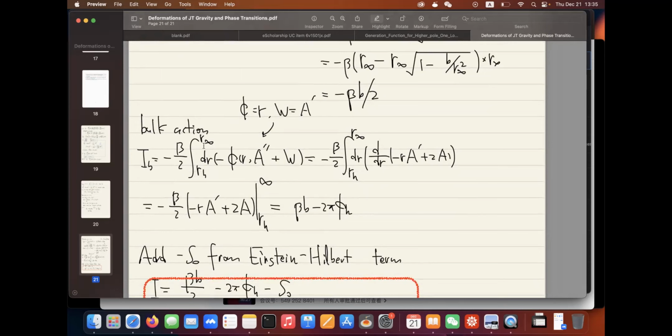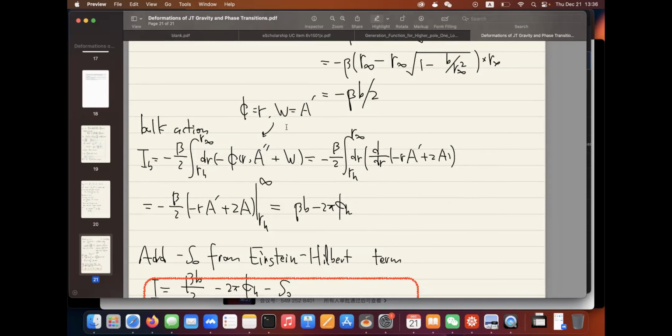For the bulk action, we can firstly write this formula. Let me see. Why is A prime plus W? The bulk action should be something like curvature plus the potential.